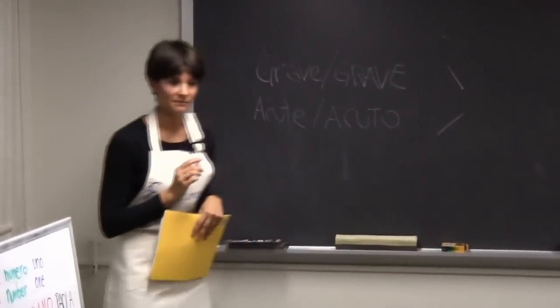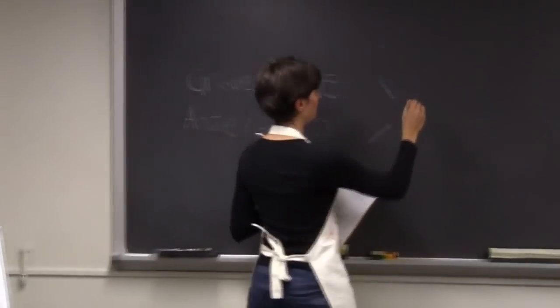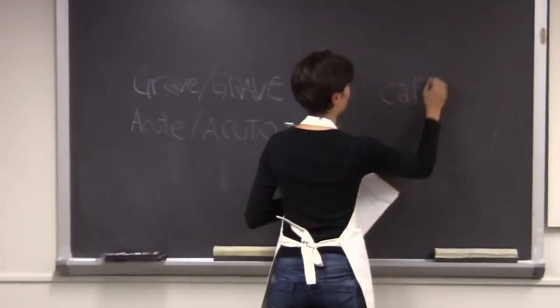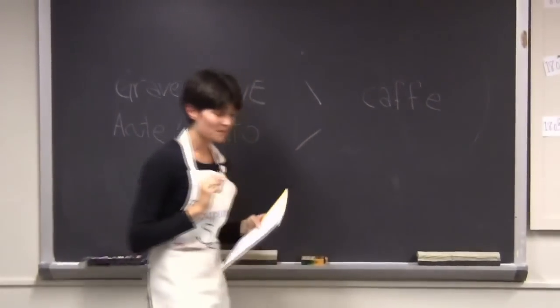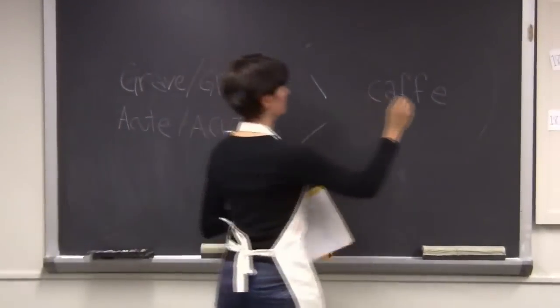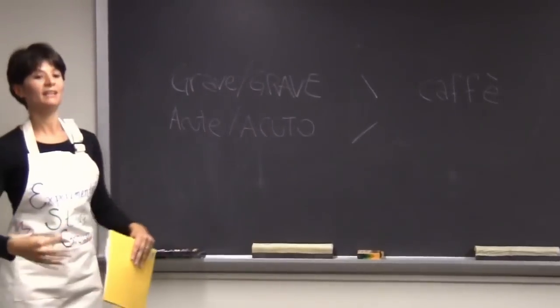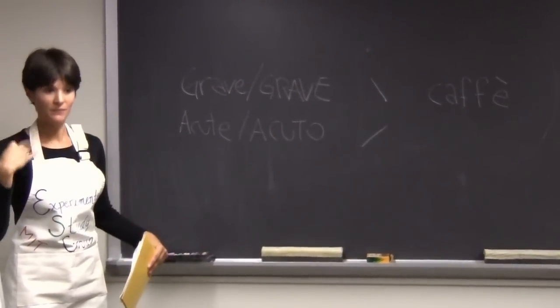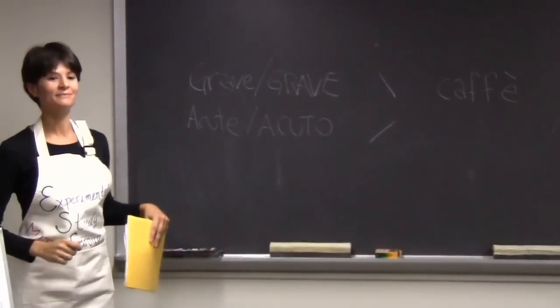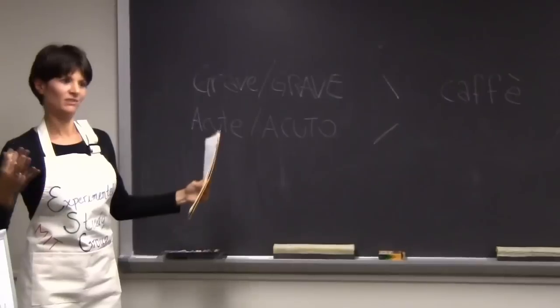So what's the difference? Well, for example, if I write caffè and I put a grave accent, I pronounce it as caffè. It's open, right? Let's try. Caffè. Caffè. Coffee.